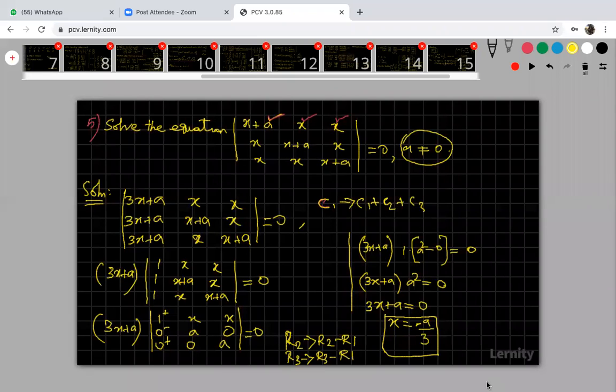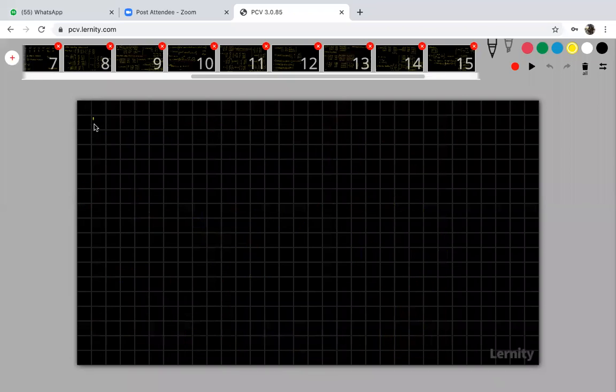Okay, so now come to the 11th problem. Look at the 11th problem in our exercise.